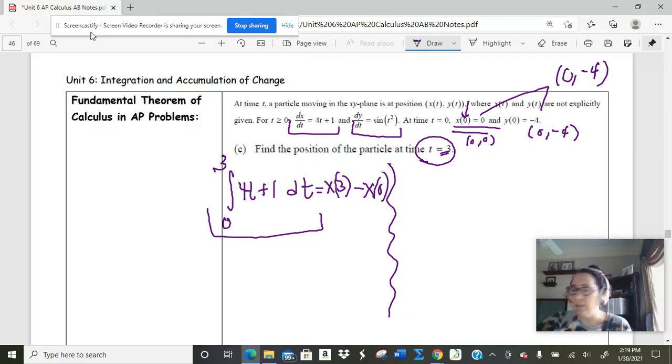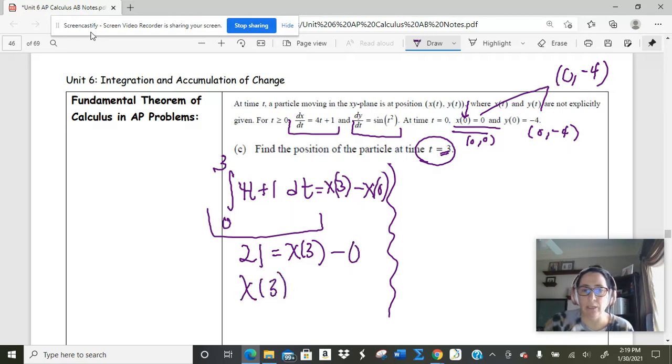If you want to do it in the calculator, let's practice that. So go math, 9, 0 to 3 of 4x plus 1 dx, and I got out 21, equals x of 3, what we're trying to find, minus x of 0, which we already know. Well, that one's pretty easy to figure out. That would give me an x value of 21.